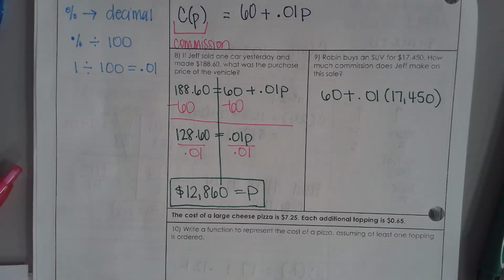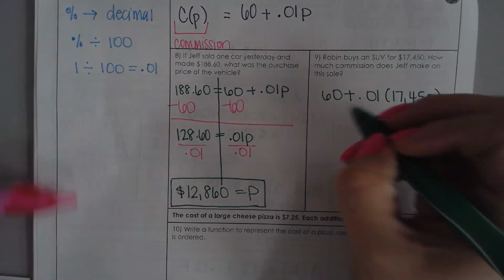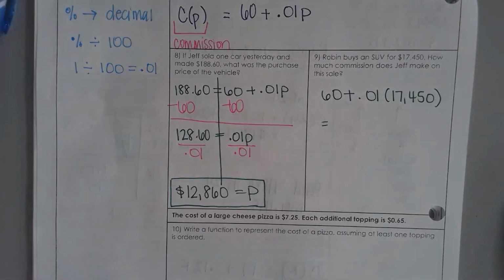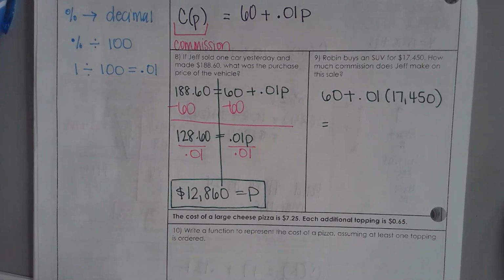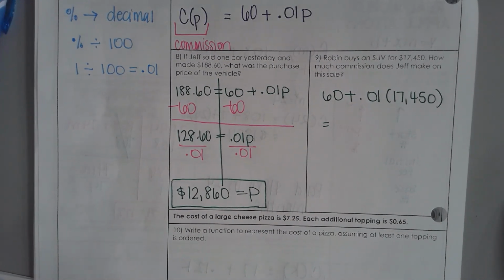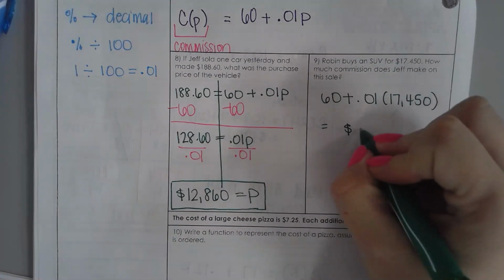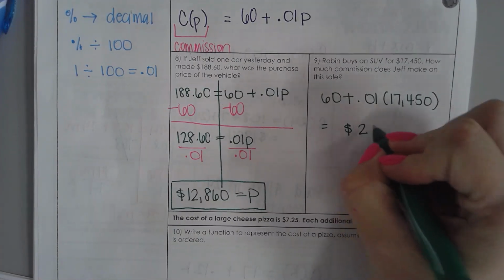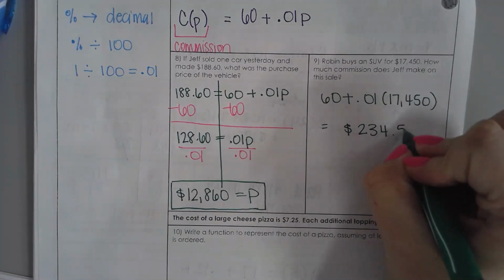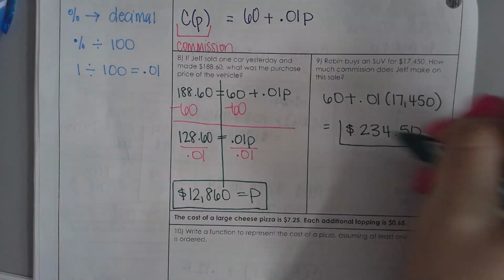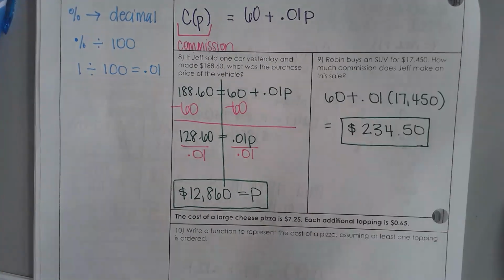So type that into your calculator. And Katie, what do you get? Yep. $234.50.